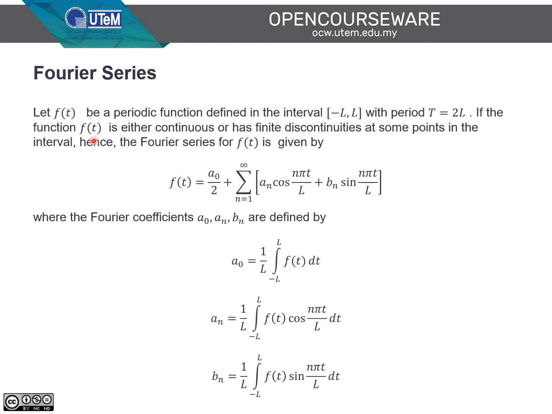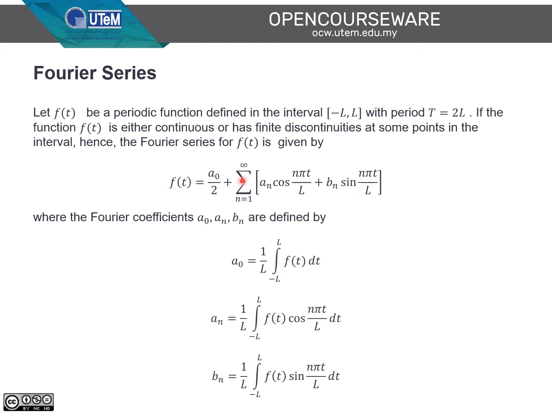If the function f(t) is either continuous or has finite discontinuities at some points in the interval, then the Fourier series for the function f(t) is given by f(t) equals a0 over 2 plus the summation of an cos n pi t over L plus bn sine n pi t over L, from n equals 1 to infinity.